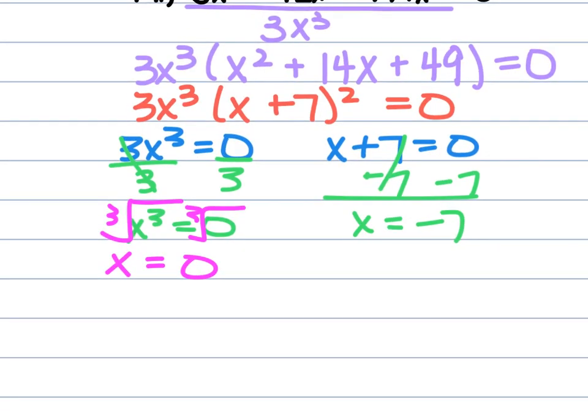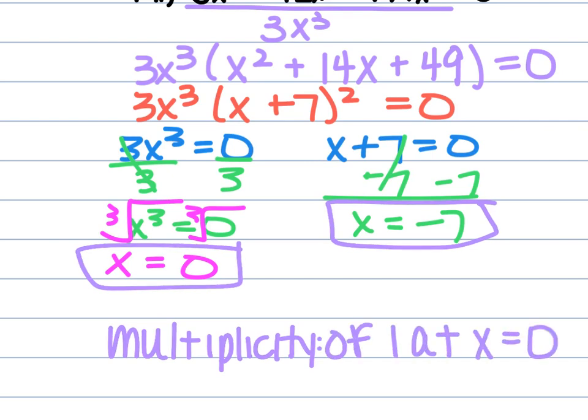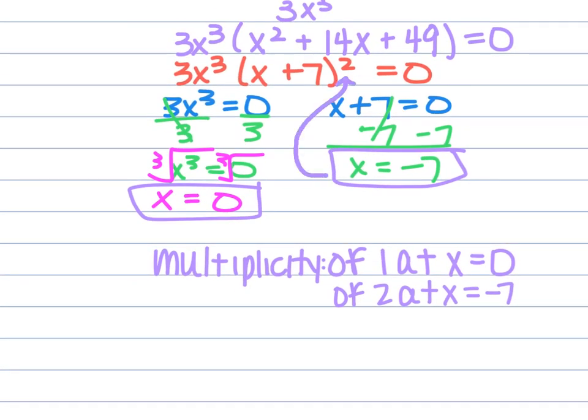So our roots are x is equal to 0 and x is equal to negative 7, but our multiplicity is of 1 at x is equal to 0, and then it's of 2 at x is equal to negative 7 because we had that exponent of 2 there.